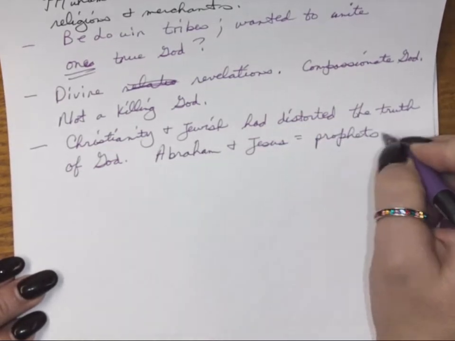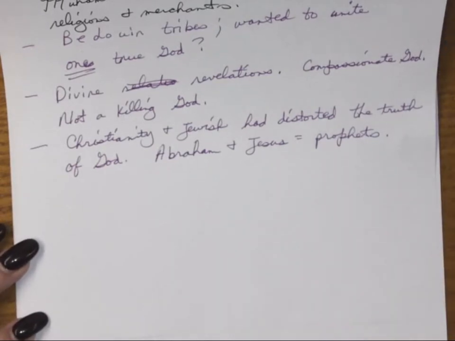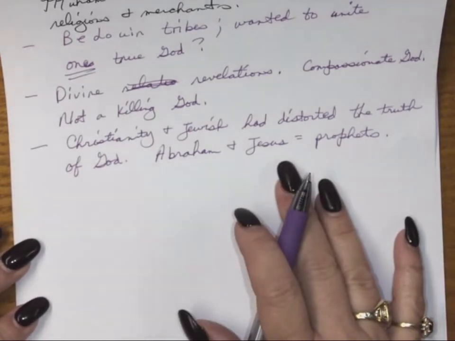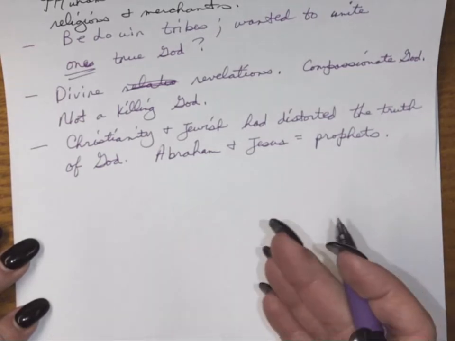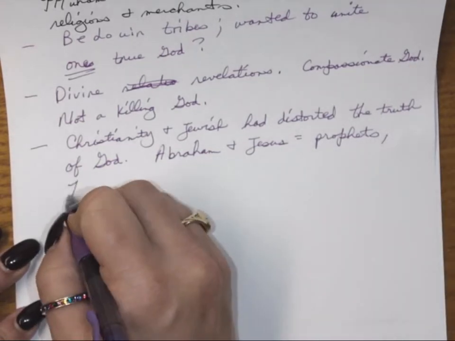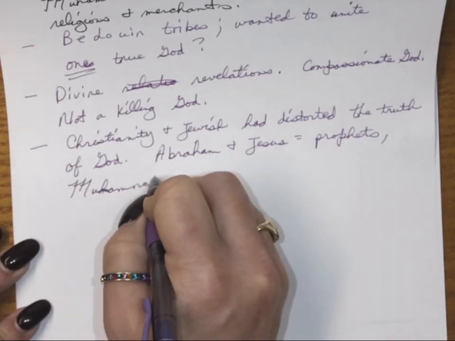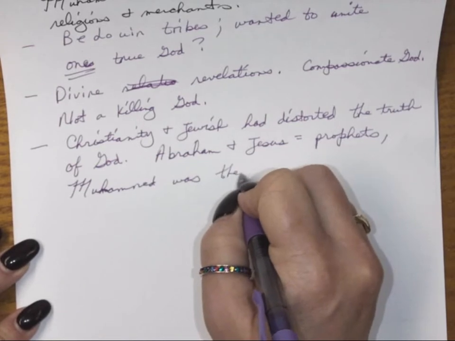They were not the Messiah, as many people believe Jesus is. They were not the people that should be being worshipped. They were just prophets, and they were sharing the word of God. And he thought that he, Muhammad, was the last prophet.